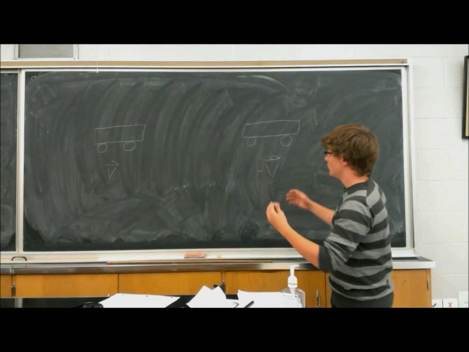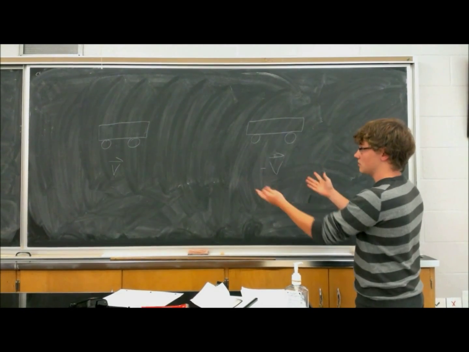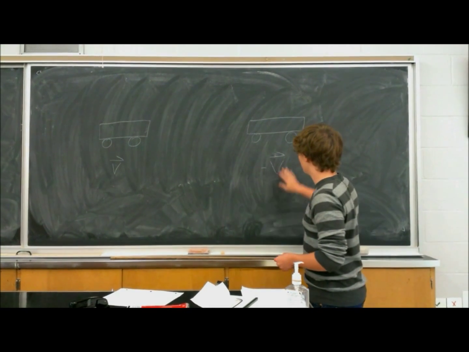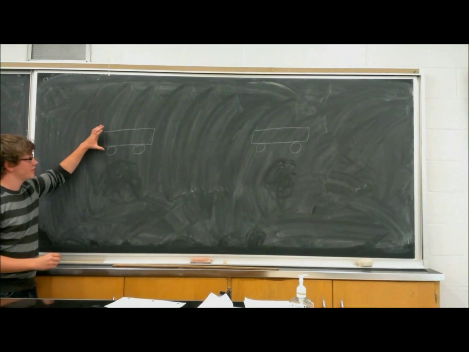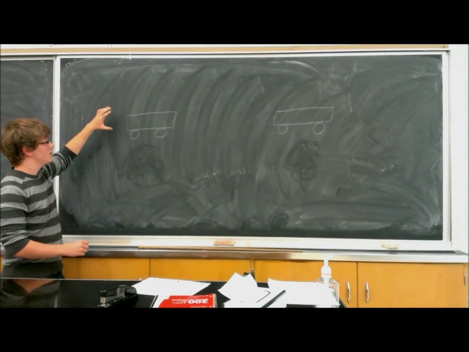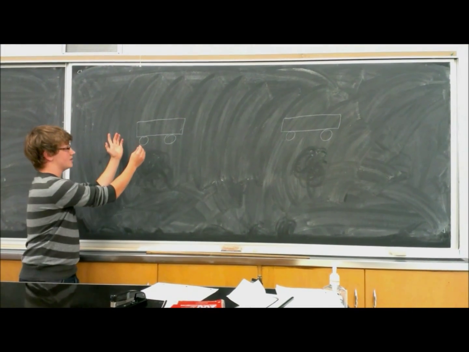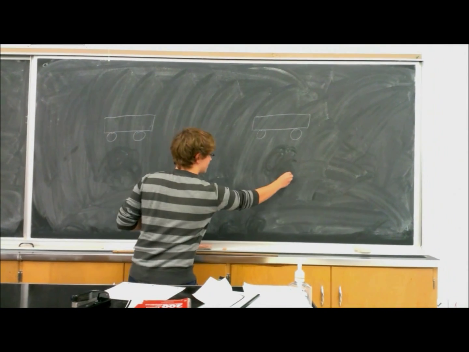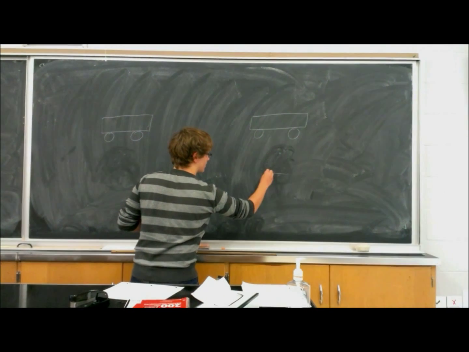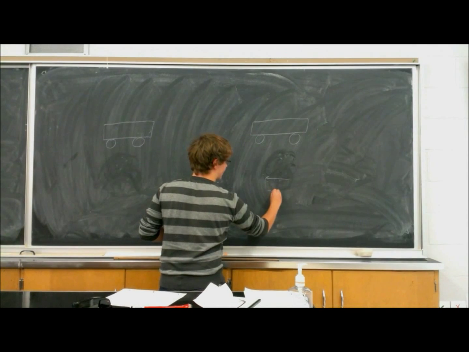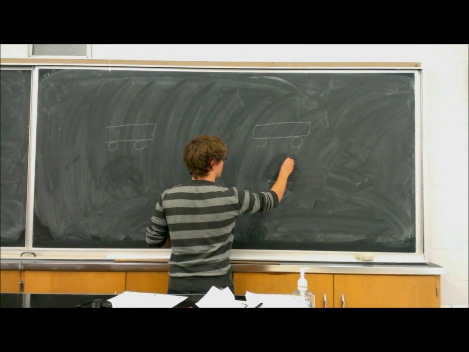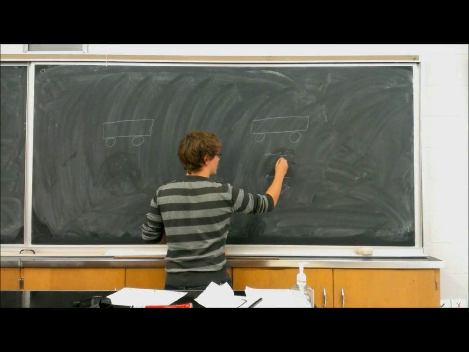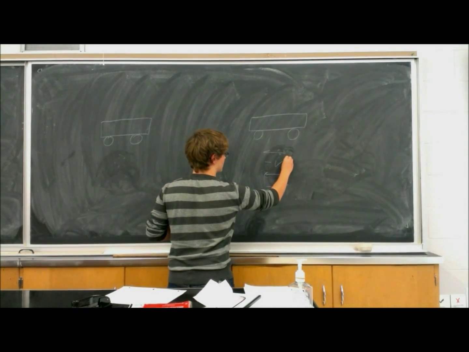From the world frame of reference, this is obviously what's going on. But if we take those velocities and go to the frame of reference of just this cart, it looks like this cart is stationary, and the world is moving towards it this way with negative velocity, and this cart is also moving towards it this way with also negative velocity.